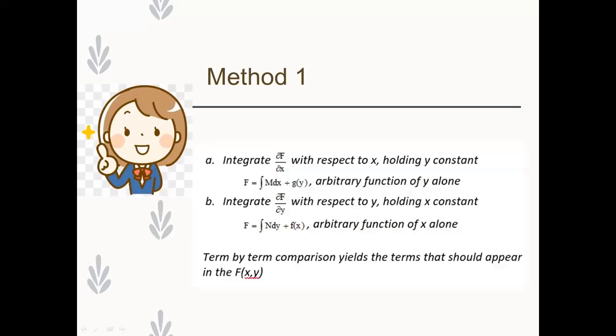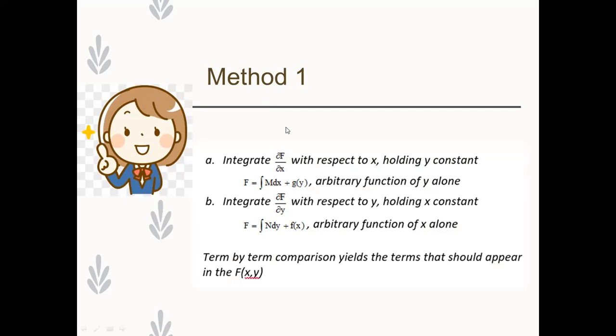Now, when we talk about determining the solution of an exact DE, there are actually three different methods that you can use. You can use method 1, method 2, or method 3. Method 2 and 3 are comparable to each other; one is the opposite of the other.